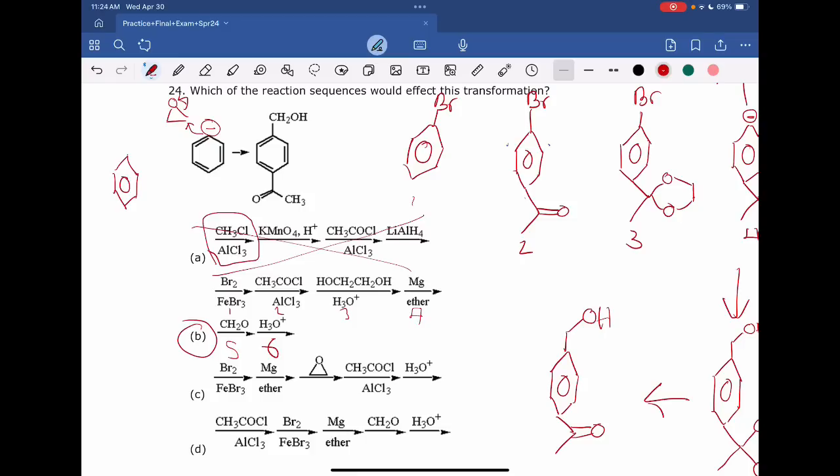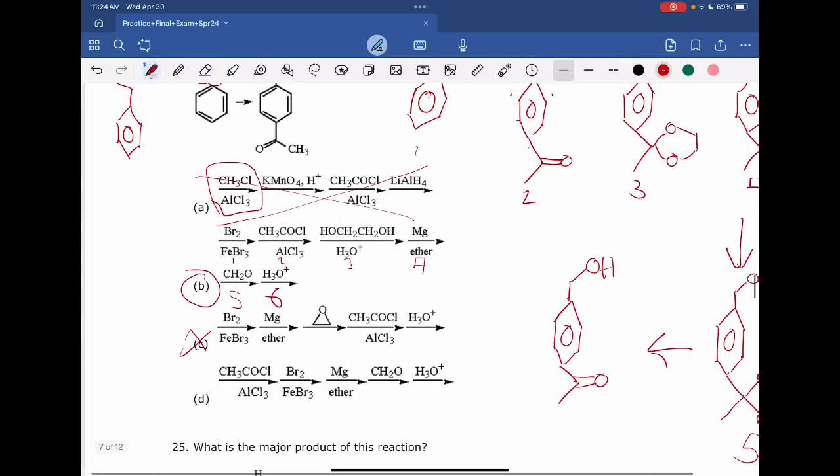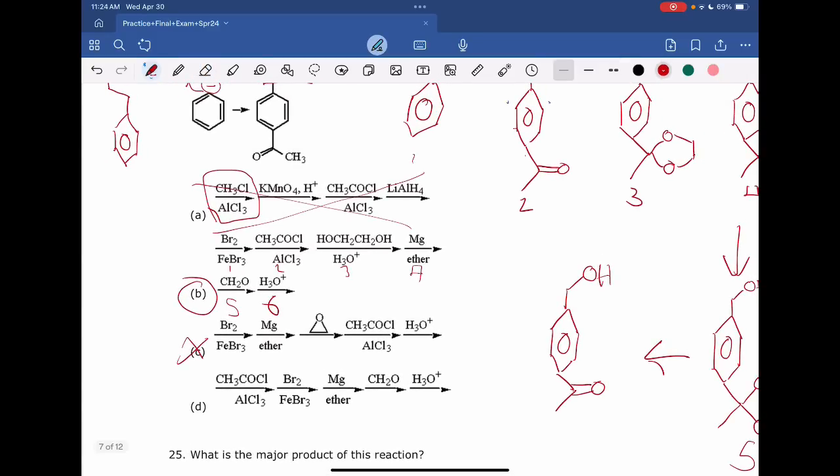That's going to give you 2 carbons, and then OH. The answer has 1 carbon, and then OH. This is 2 carbons, so this is wrong. So C is out.